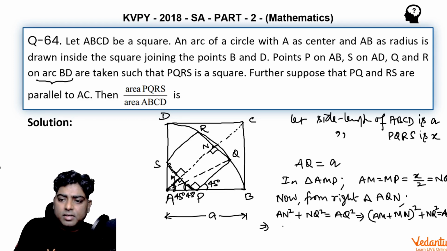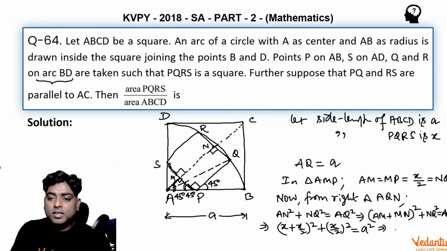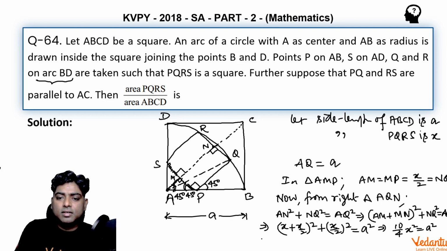So from here we get (x plus x by 2) whole square plus (x by 2) whole square is equal to a square. AQ is a. So we get (3 by 2) whole square, 9 by 4, plus 1 by 4, that is 10 by 4 x square. So 10 by 4 x square is equal to a square.